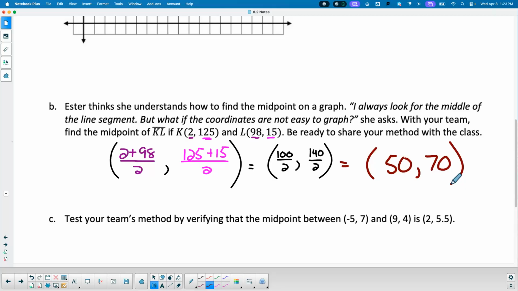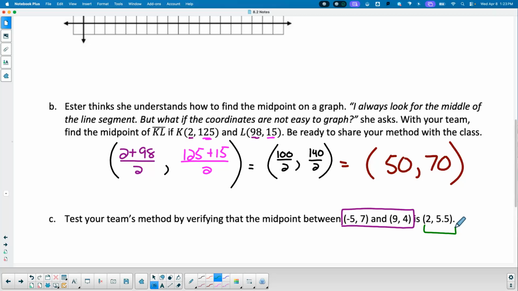Next one is saying that we've got these 2 points here, and this is the midpoint. Do we agree with that statement? With -5 plus 9, 4 divided by 2, 2.